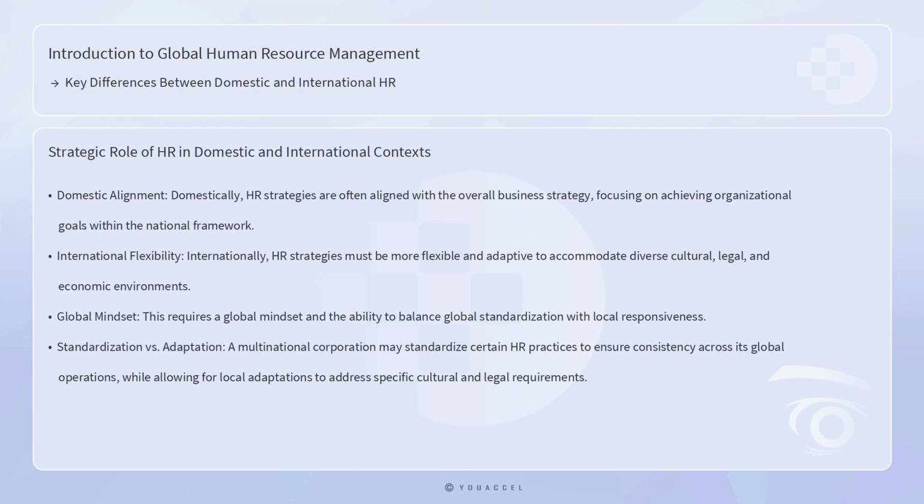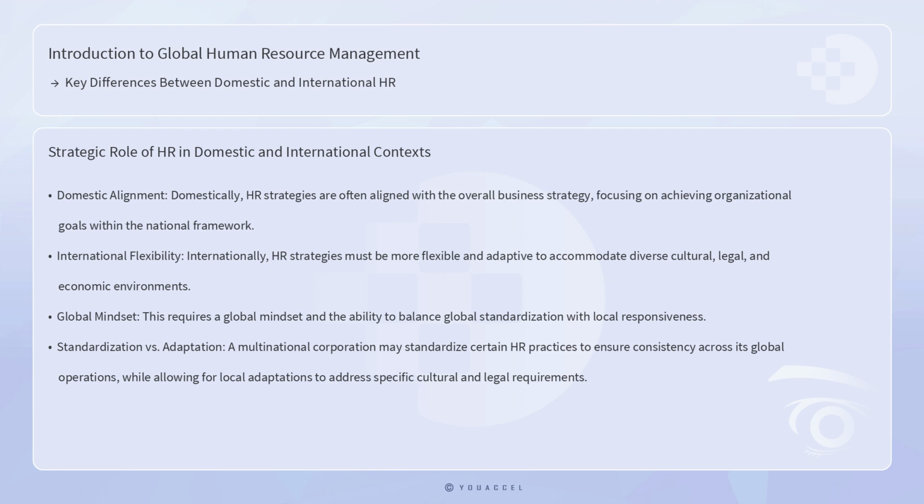The strategic role of HR also differs between domestic and international contexts. Domestically, HR strategies are often aligned with the overall business strategy, focusing on achieving organizational goals within the national framework. Internationally, HR strategies must be more flexible and adaptive to accommodate diverse cultural, legal, and economic environments.